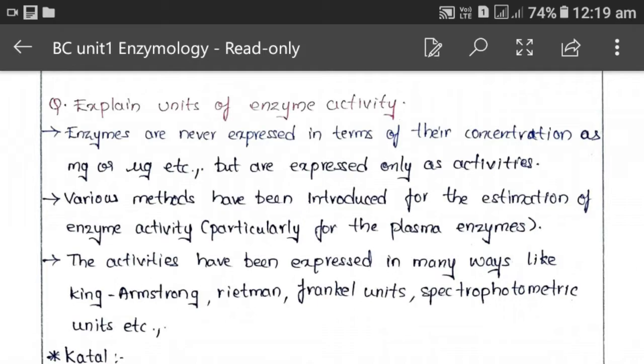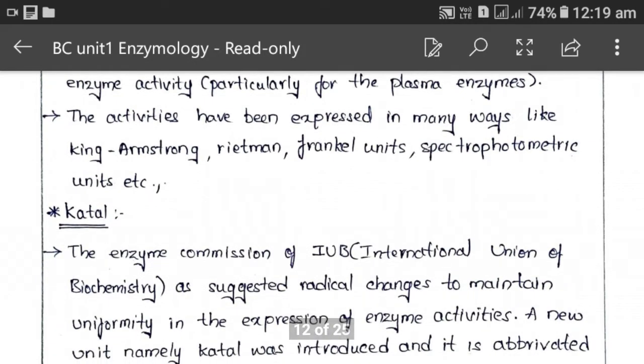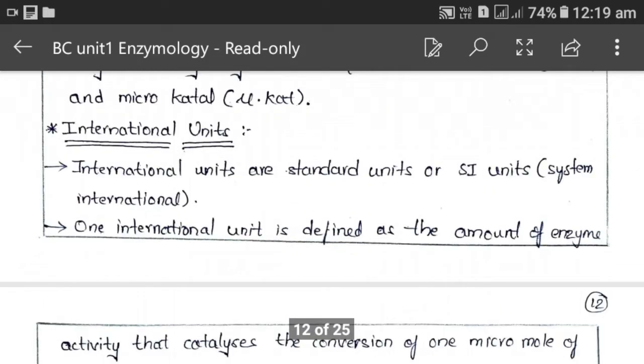These are a few different kinds of units used for the calculation of enzyme activity, and the most widely used units are katal and SI units.